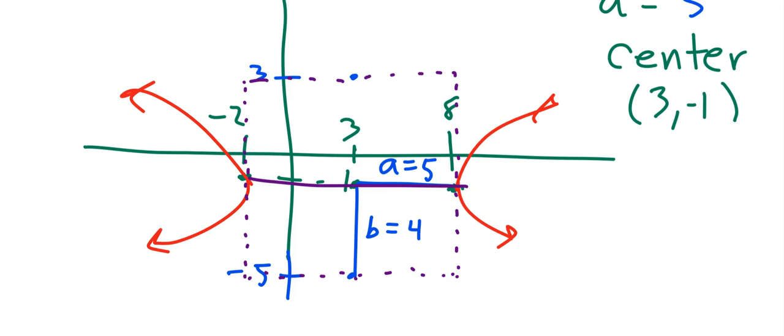Okay, so we've got our box. What's so special about the corners of the box? Those are where the hyperbola's asymptotes are. Yeah, you said it over here. Asymptotes.